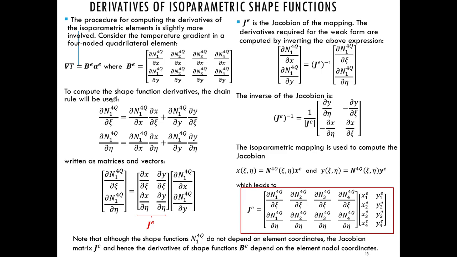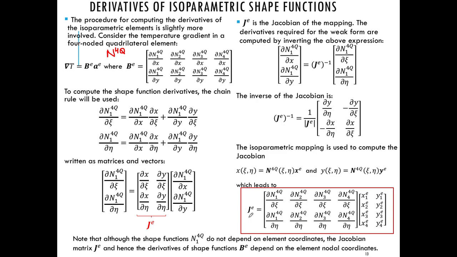That is, our N4Q is fixed for all elements, it's unchanged. So the N matrix is fixed, but the B matrix, which is found using the Jacobian, is not fixed.